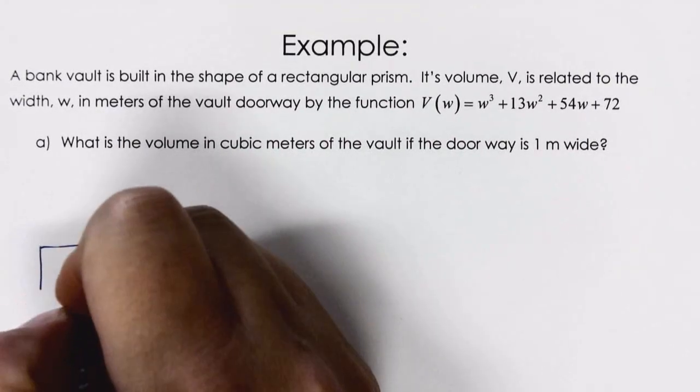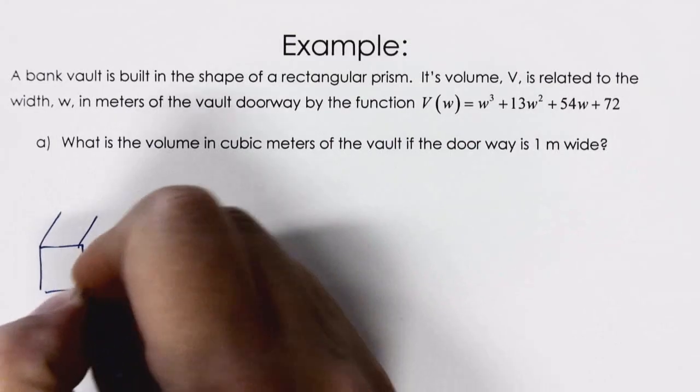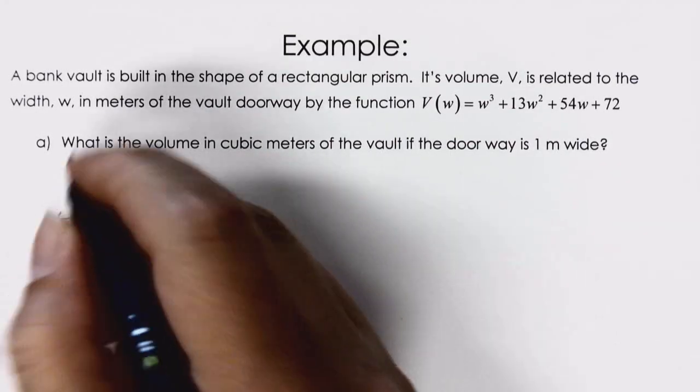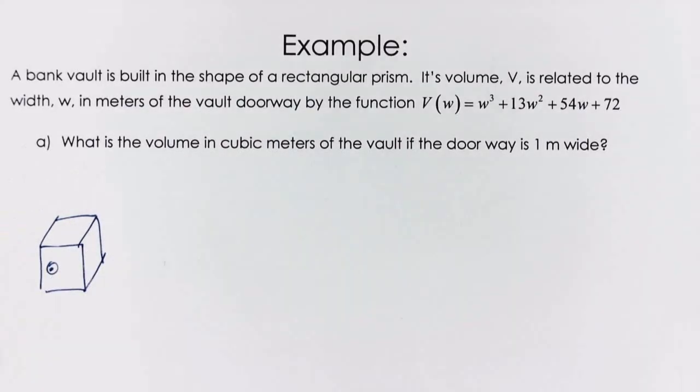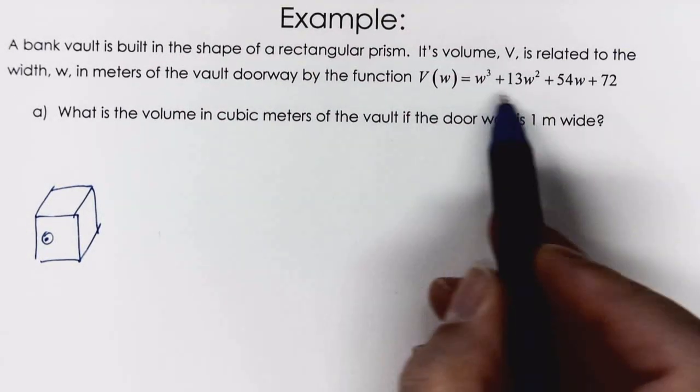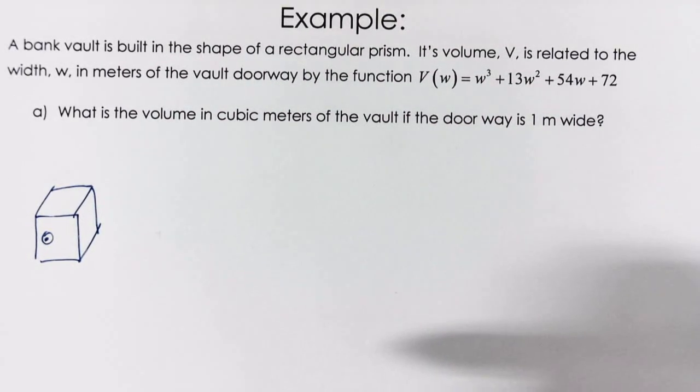We have a rectangular prism vault. It's given us the volume formula. I have one question. Do we multiply the 13 and then 1, or do we just put 1 to the exponent?